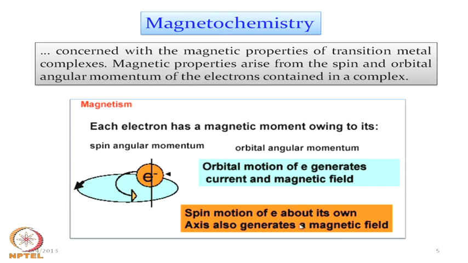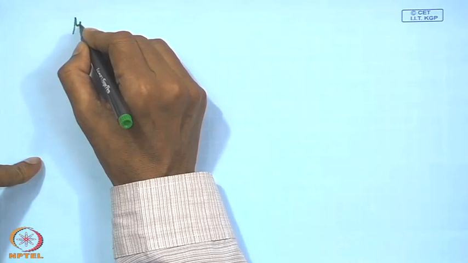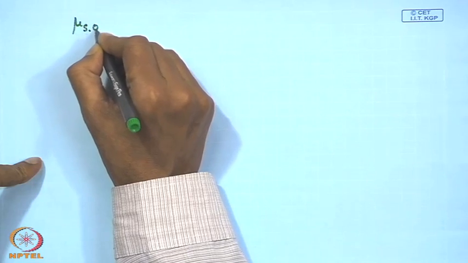And the spin motion of the electron about its own axis also generates a magnetic field. In the first transition series, where the orbital contribution is not very much, we will talk about the magnetic moment values in terms of spin only values.